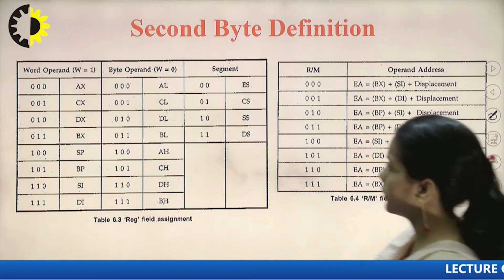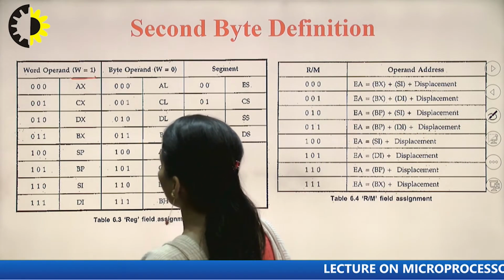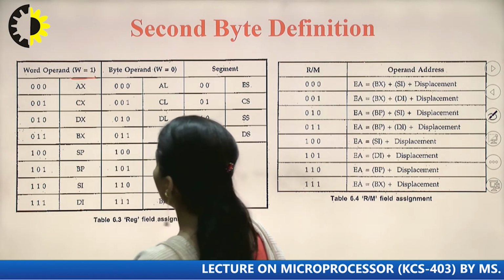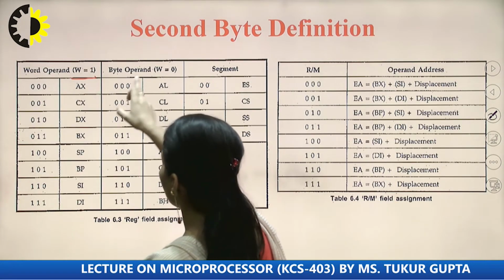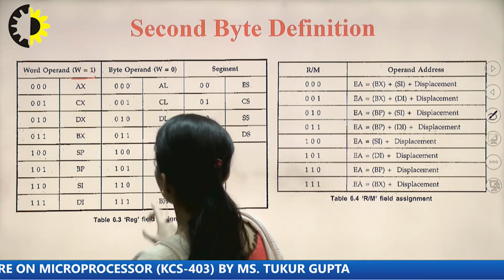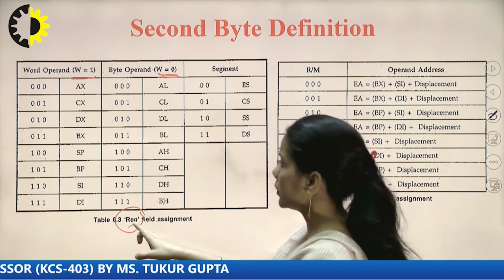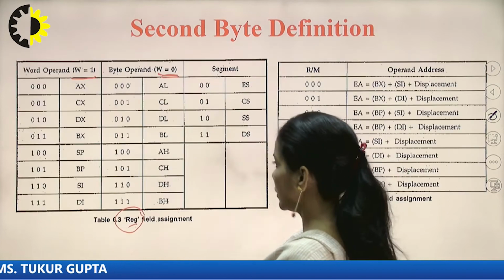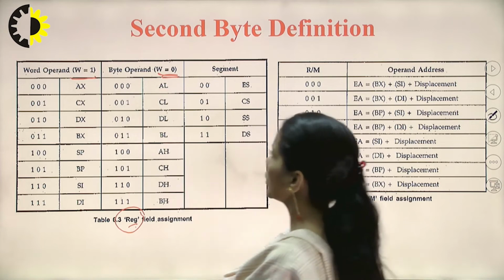So these are further definitions. When we are performing the word operation, that is W bit is 1, then the combinations of these represent the corresponding registers. And when we are performing the byte operation, that is W is equal to 0, then the values for the register field, that is this field, correspond to these combinations of bits.